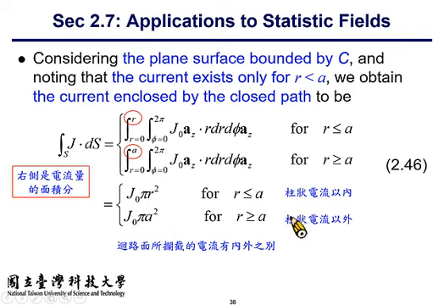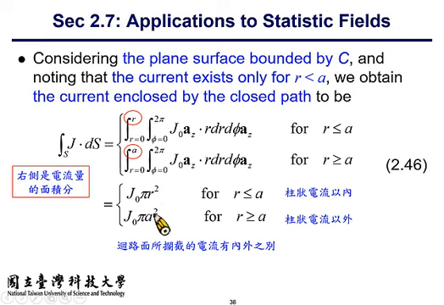When the observation point is outside of the current, you have J sub 0 pi a squared. On the other hand, if you are within this cylindrical current, you only account for the currents residing within your observation point. So you have J sub 0 pi r squared.